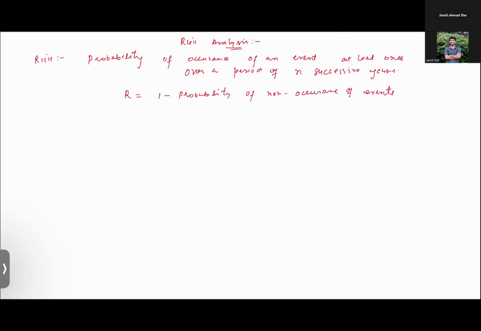And this is 1 minus (1 minus p) whole raised to the power n, because we are focused on n years. So this is 1 minus (1 minus the probability of success, which is 1 by T) whole raised to the power n. And this is the risk.